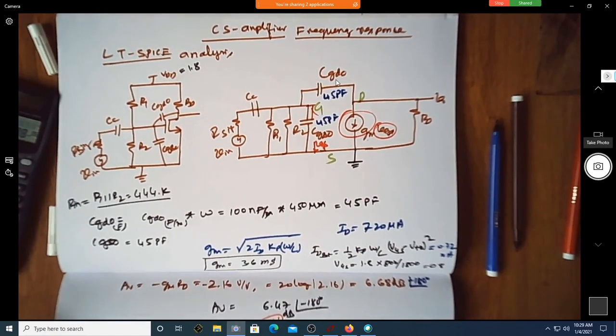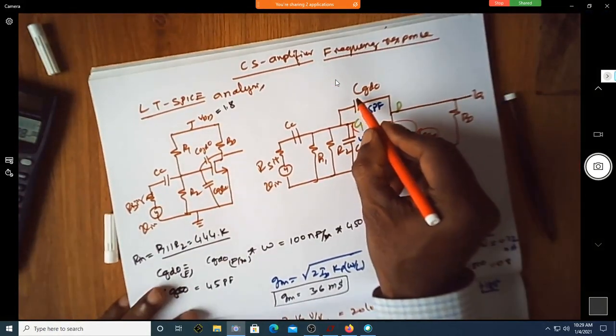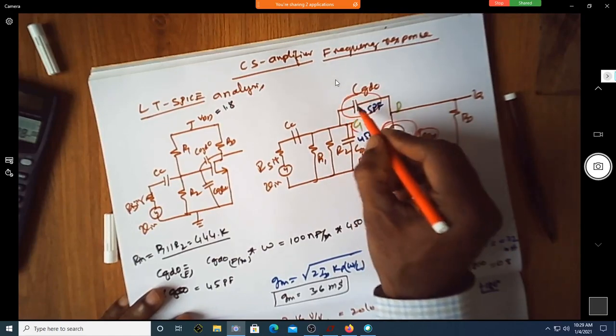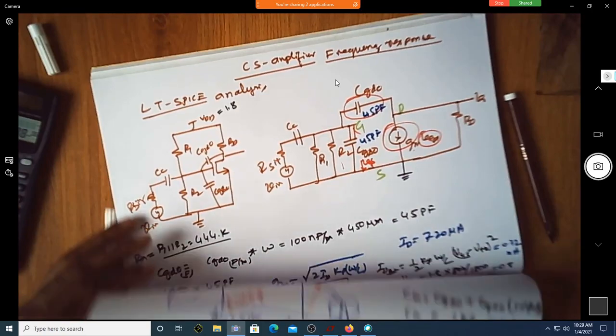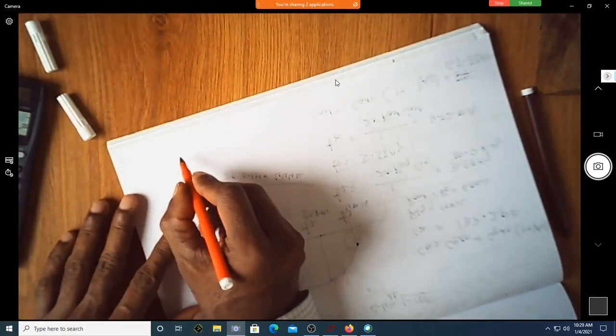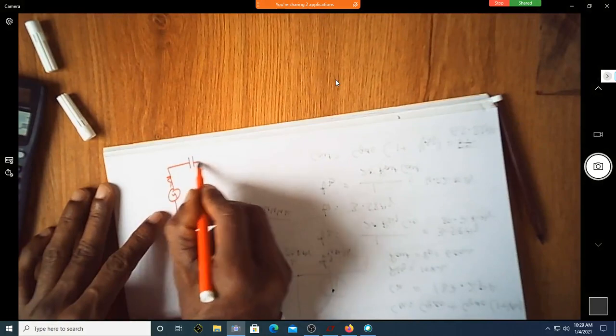So we will slightly change this circuit and then write the Miller equivalent. How do we write the Miller equivalent? I will replace this floating capacitor with C1 and C2. Let me first write the equivalent circuit. This is R signal. I have this CC.